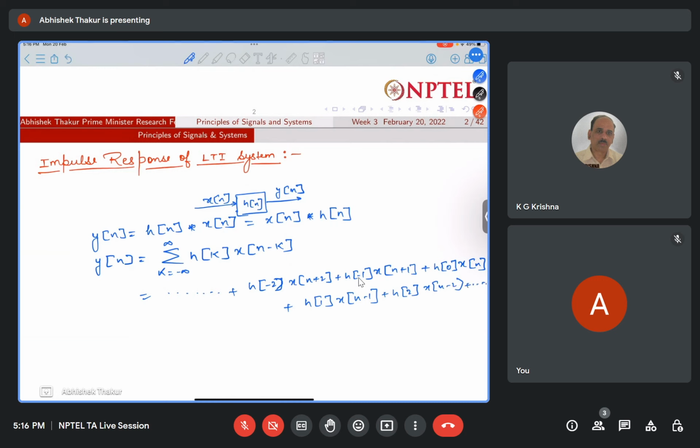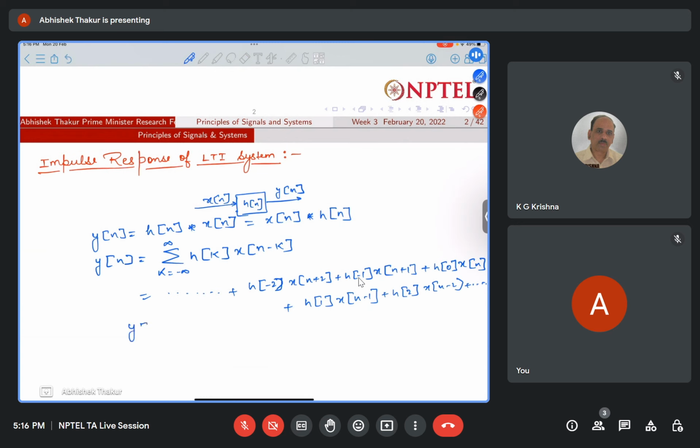Now we will see the impulse response for a memoryless system and a system with memory. For a system to be memoryless, y[n] must depend only on x[n]. The only way this can be true is if h[k] is equal to 0 for k not equal to 0.